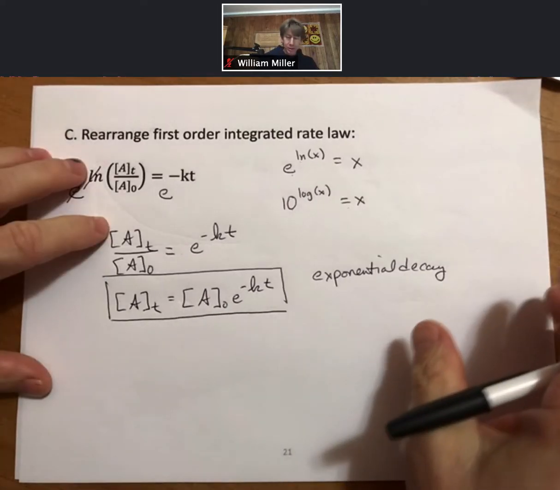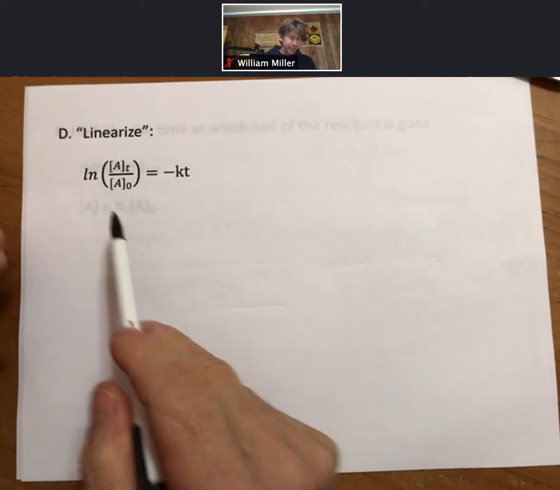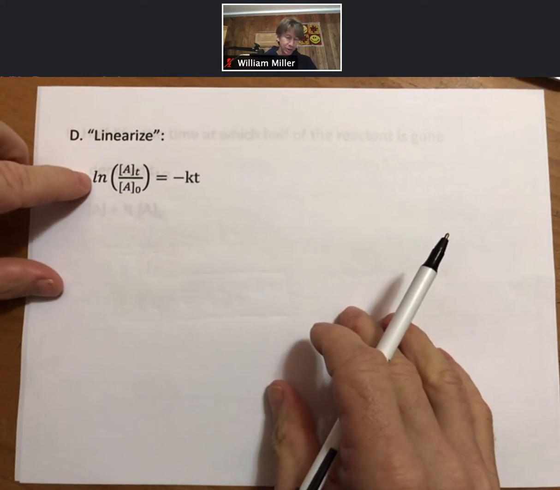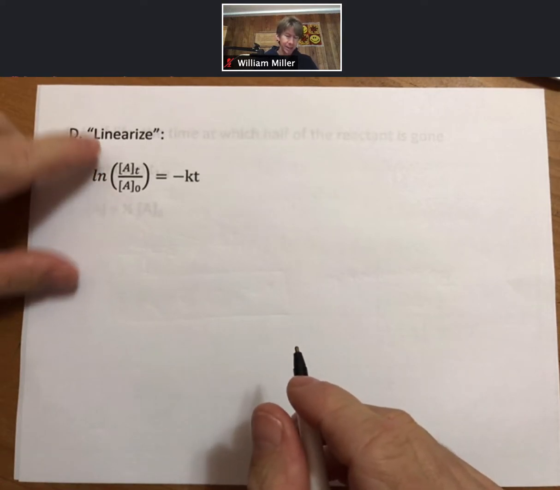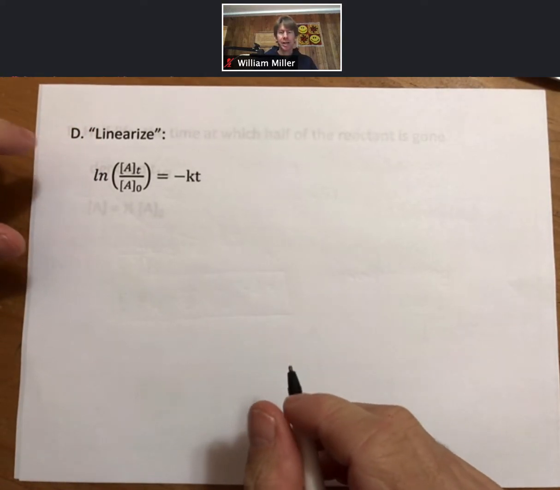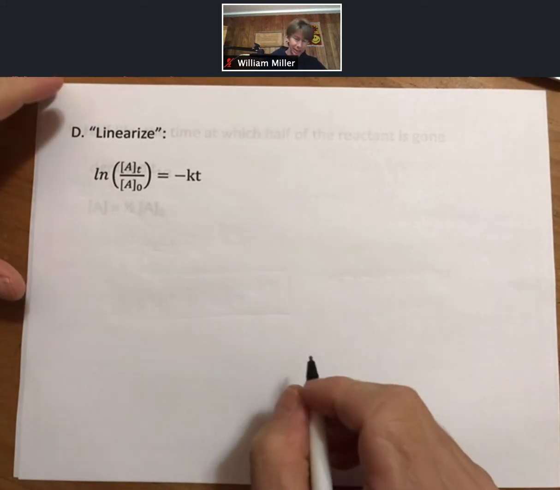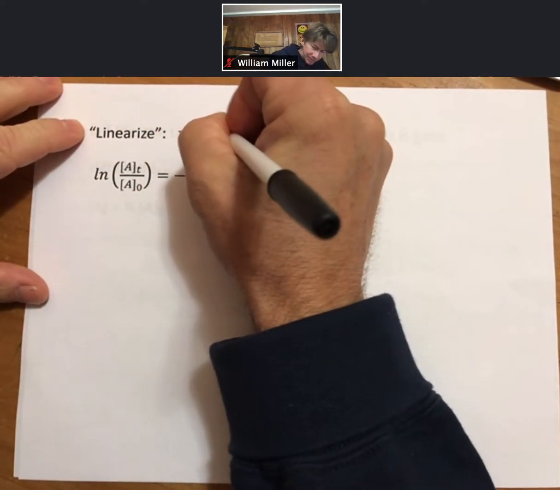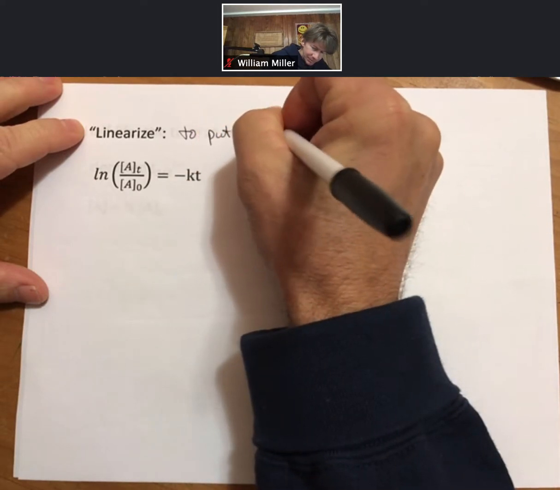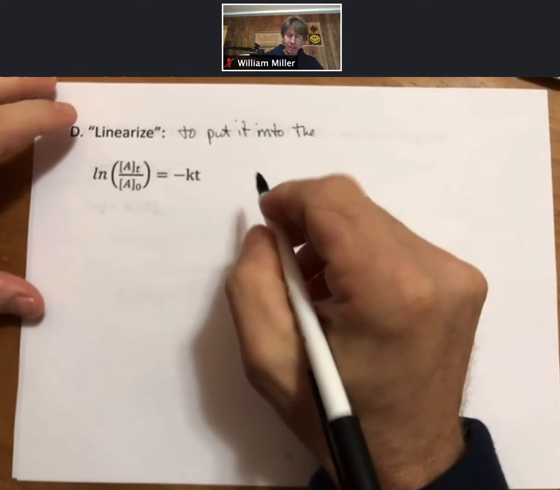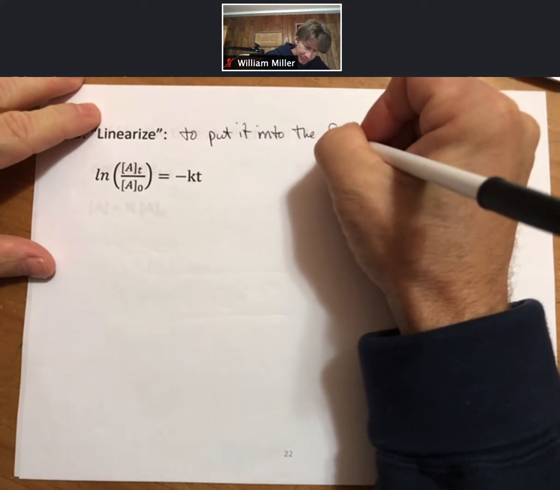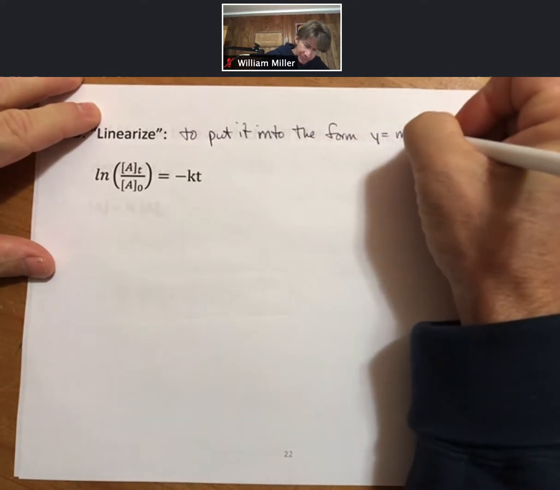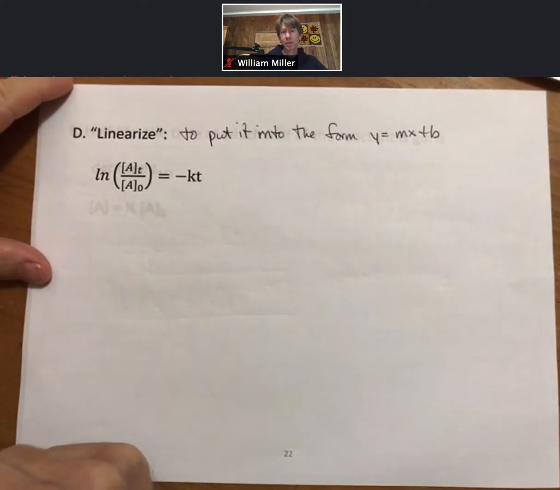Now, what we have to do next is go back to our natural log version of the first order integrated rate law and linearize it. And to linearize something means to put it into the form of a line, or let's say this, to put it into the form y equals mx plus b, which we know is the equation for a line.